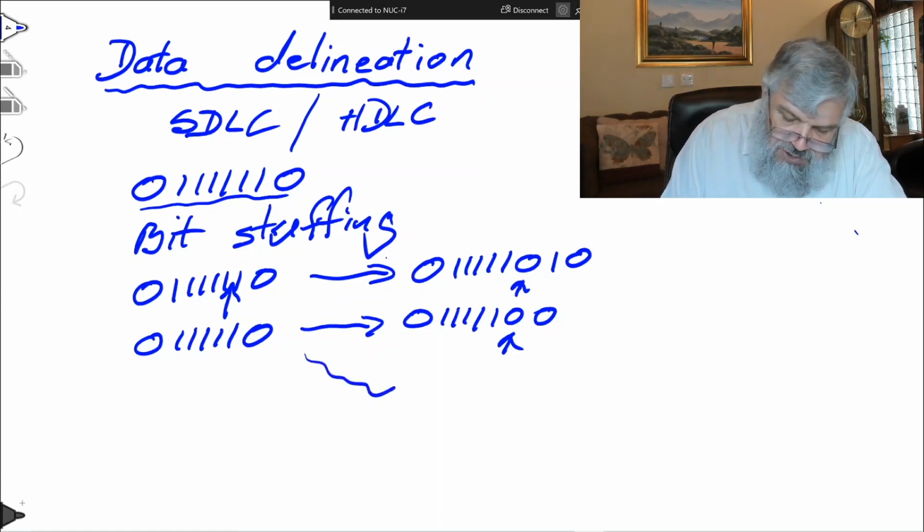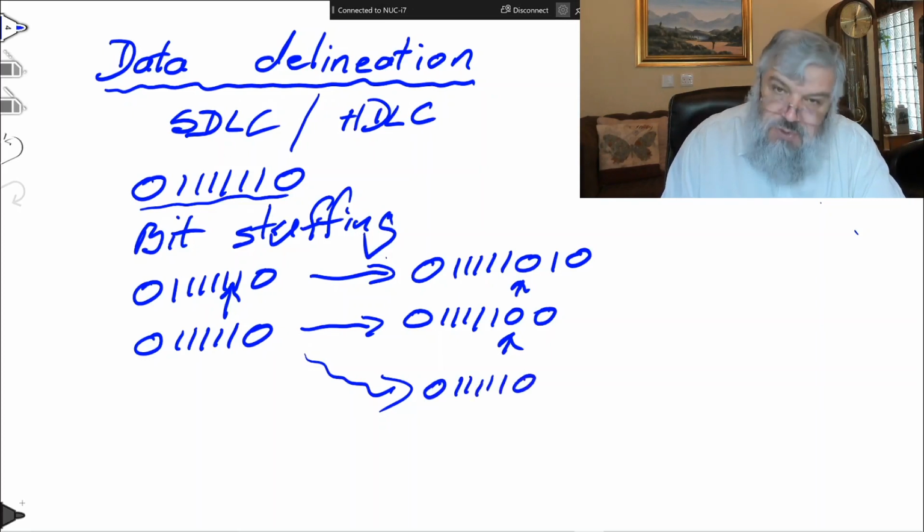If we transmitted this pattern in its original form with 5 ones and a 0, because it wouldn't cause any problems, the recipient will not know whether that 0 was in the original data or not, whether it was stuffed in there, and it will probably remove it and we will end up with something that differs from the original value.